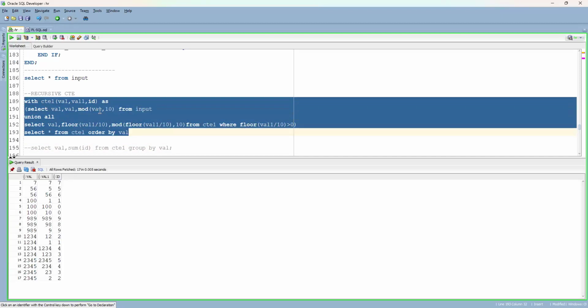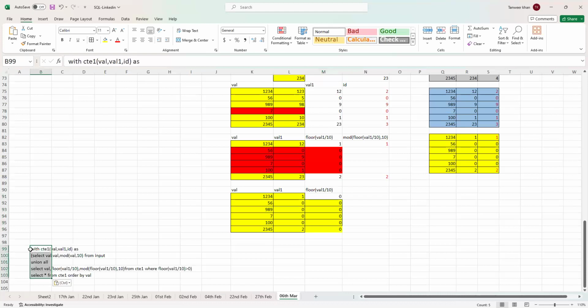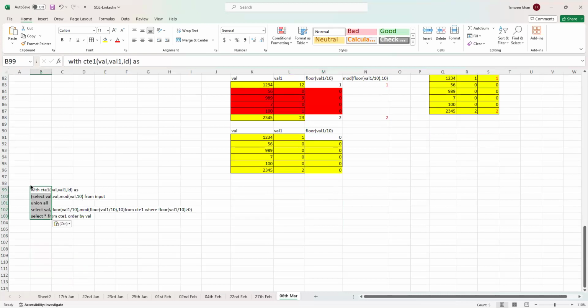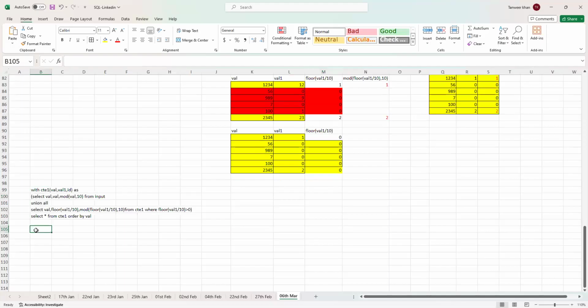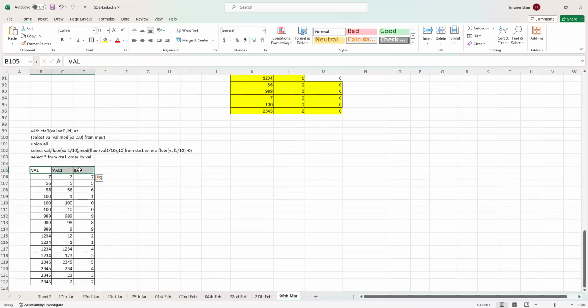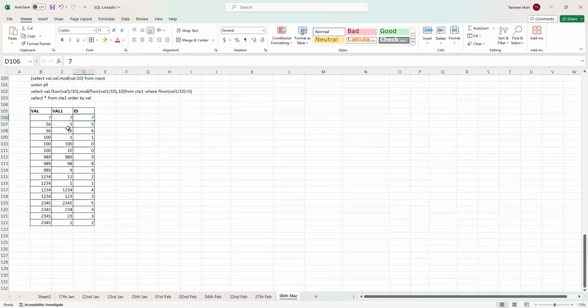Now over to you guys. This is what I have explained so far, and this is your query. From this query, we have derived this output. The val is your original data. For 7, you got the ID 7. For 56, you got 5 and 6.